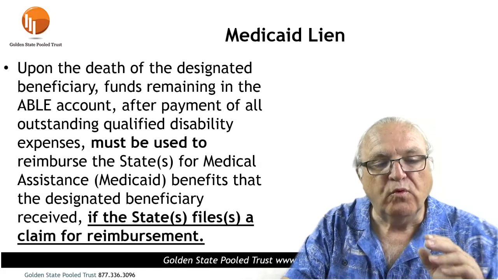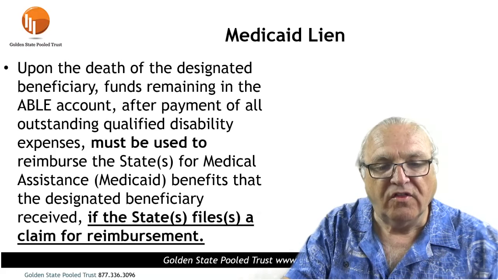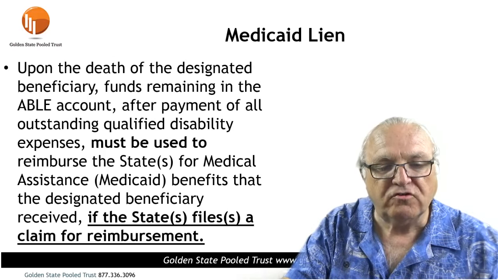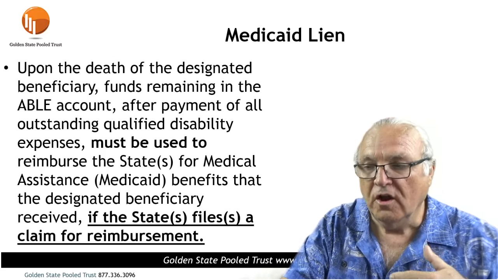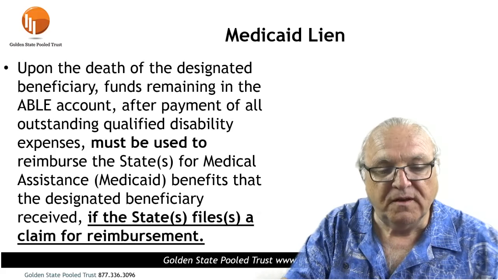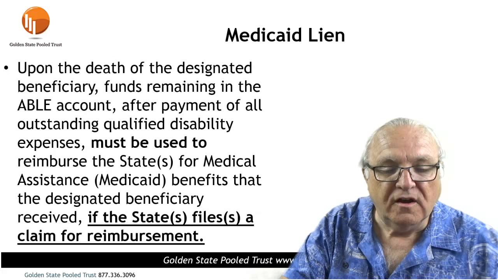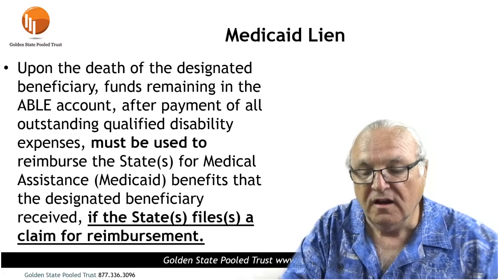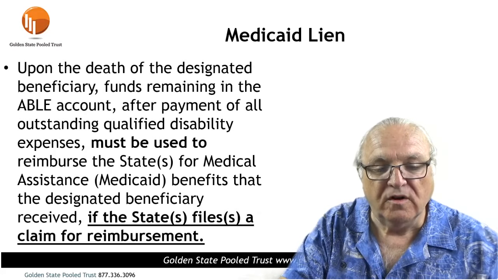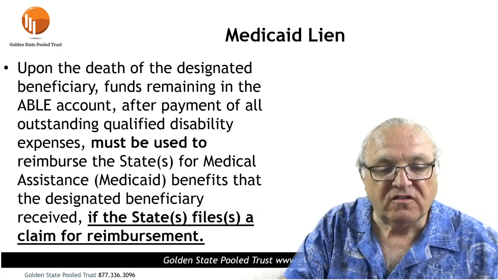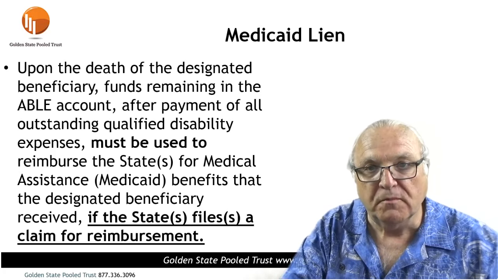Now, one thing really important is that upon the death of the ABLE beneficiary, whatever is left in that account after you pay for remaining qualified disability expenses is subject to a lien for any Medi-Cal or Medicaid the beneficiary has used from the time the account was established, if the state files a claim for reimbursement.